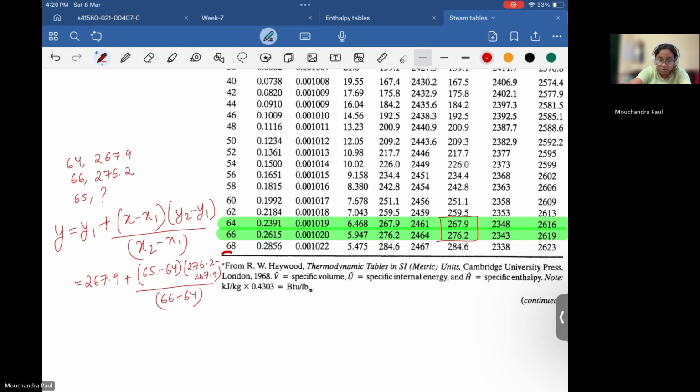So if you quickly solve it, you should get 267.9 plus half of (276.2 minus 267.9), which is 272.05. This is your enthalpy at 65 degrees Celsius.